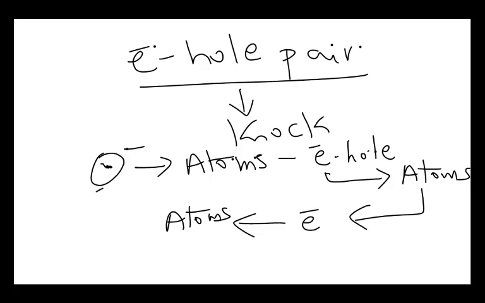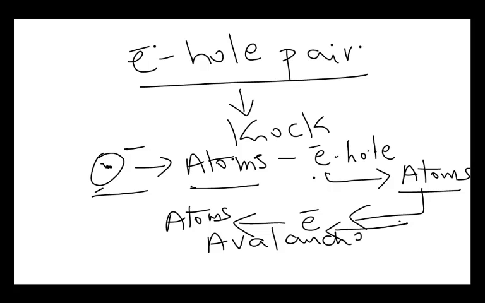All this happens because a lot of energy has been given from this ion to these atoms, and these atoms send a lot more energy and create new electrons, and thus this creates something called an avalanche effect. And thus this is called an avalanche diode, and if not controlled, this avalanche effect can actually damage the diode.